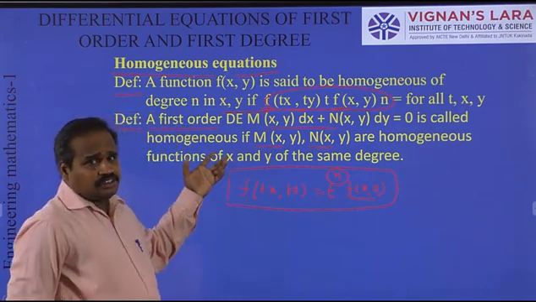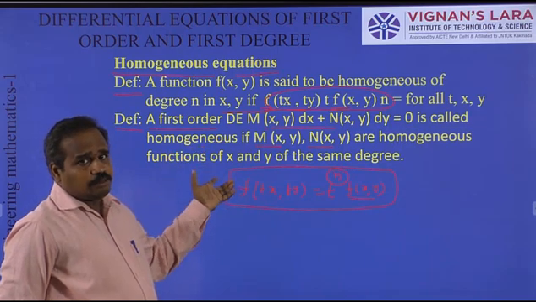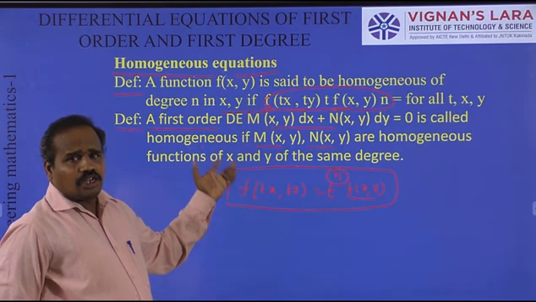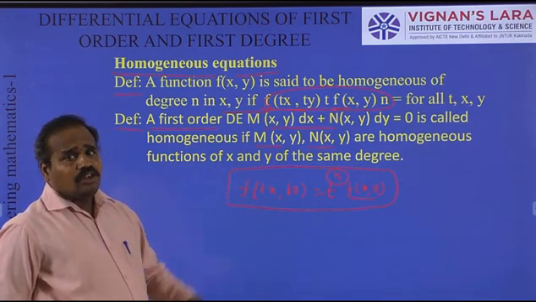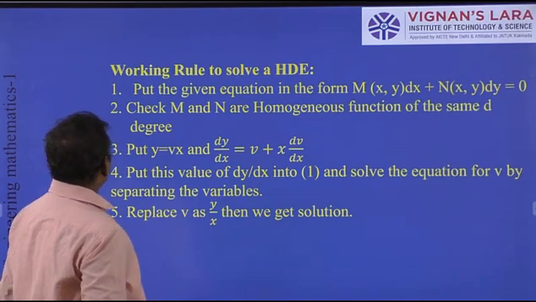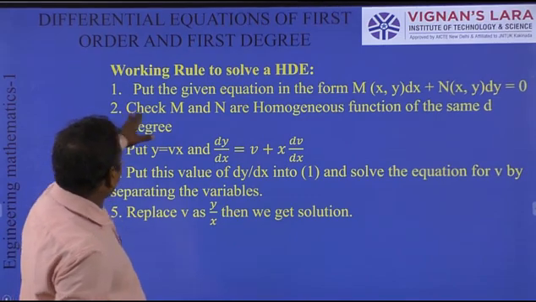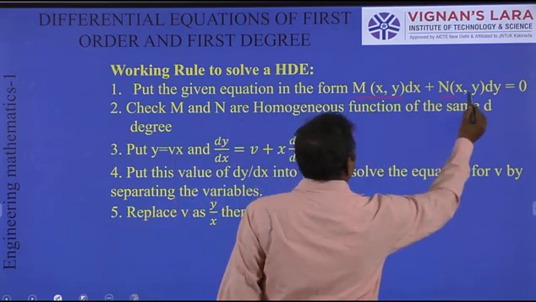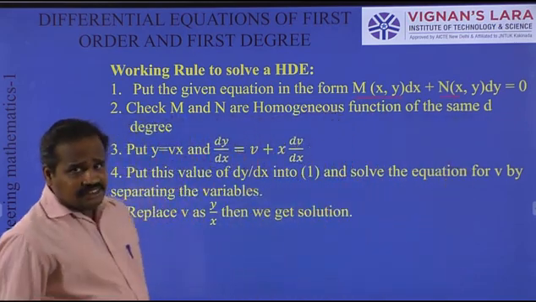These are also prerequisites for you: variable separable equations, homogeneous equations, non-homogeneous equations. So you should know the working rule of this one too. What is the working rule? First we write the given equation in the form mdx plus ndy is equal to 0.